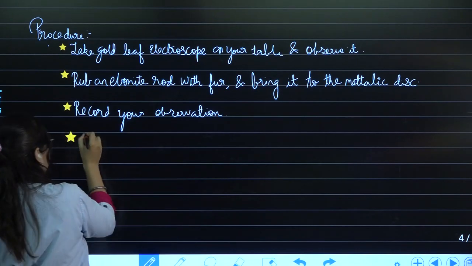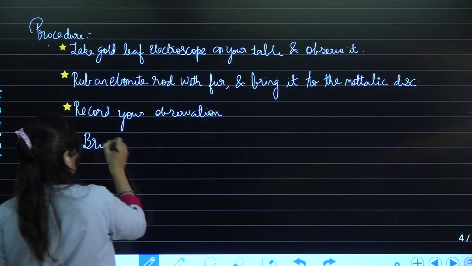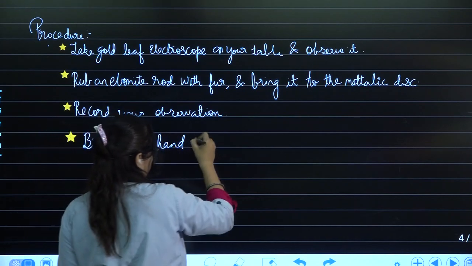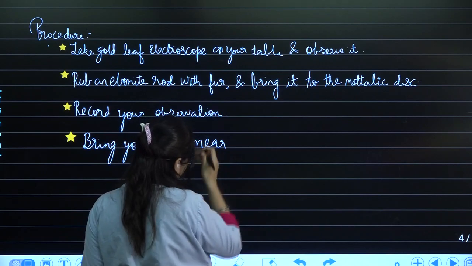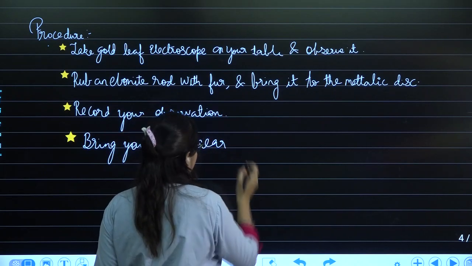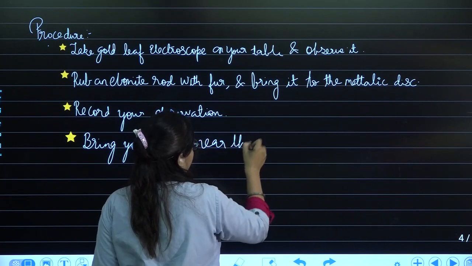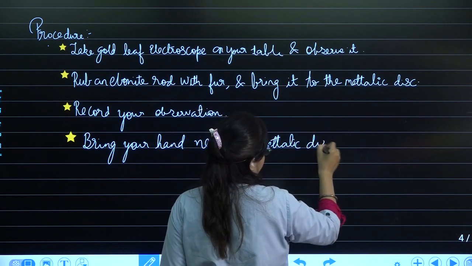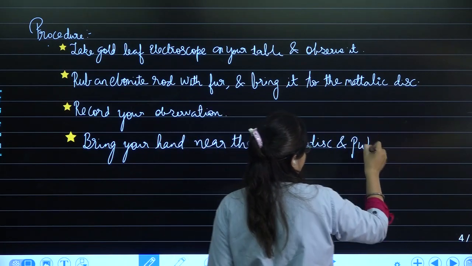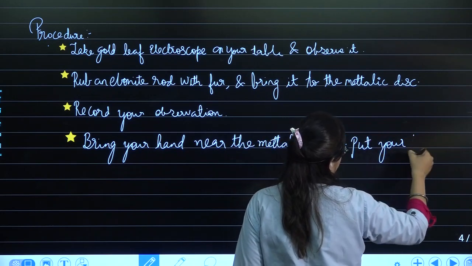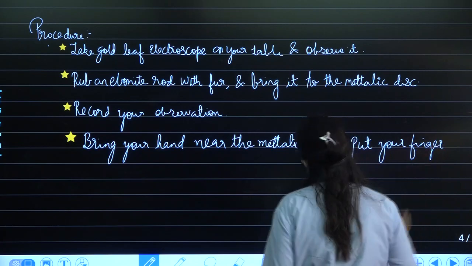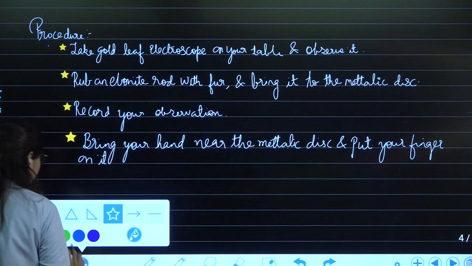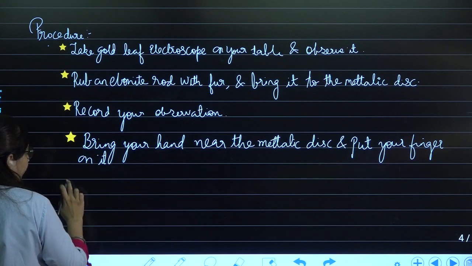Bring your hand near the metallic disc and put your finger at the metallic disc. After that, again you have to record your observation.